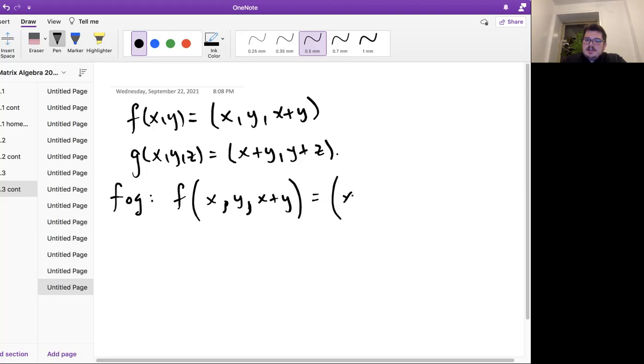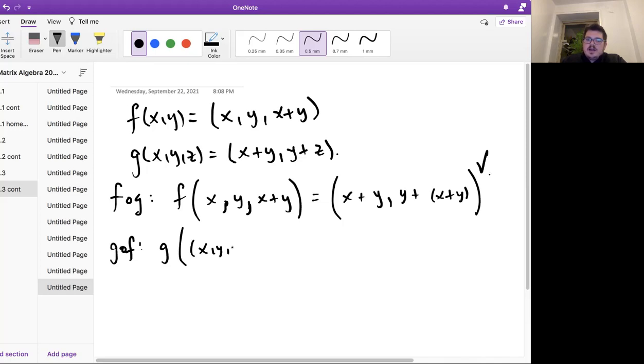You take x plus y, and whatever is your y is y plus x plus y. That's okay. How about G of F? It's G of x, y, x plus y. Your first coordinate is x plus y, and then y plus z. So x plus y plus y plus z. So that's okay.